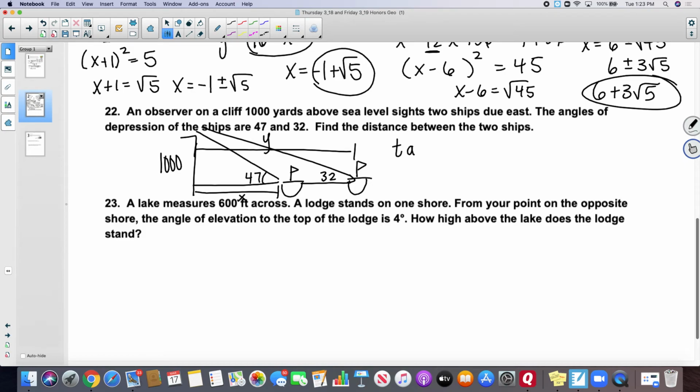So tan 47 equals opposite over adjacent. And then the other one is going to be tan 32 equals opposite over adjacent. And then you would solve both of those and subtract to find the distance between the 2. Okay?